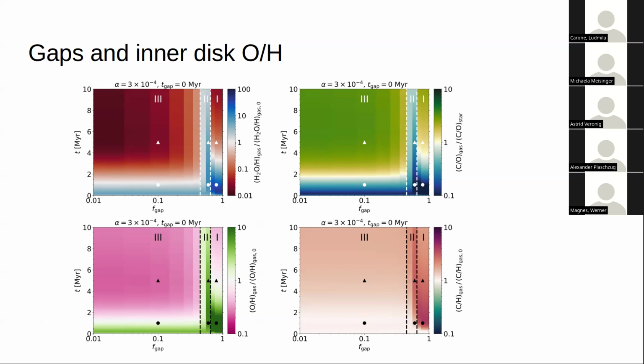And 2 and 1 are the gaps which let some of the dust move inwards, and all of the dust move inwards. And along the y-axis, you see the evolution. So it's the time.